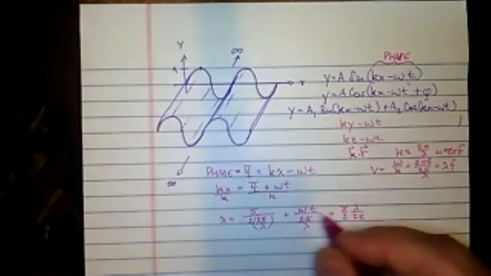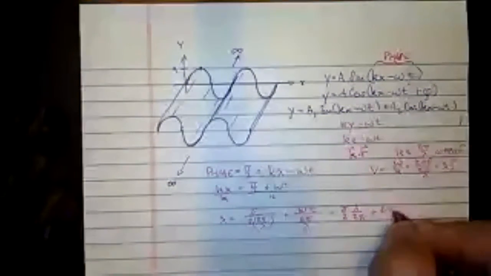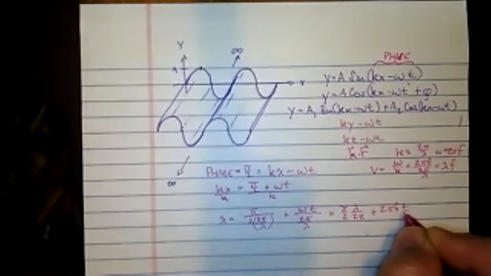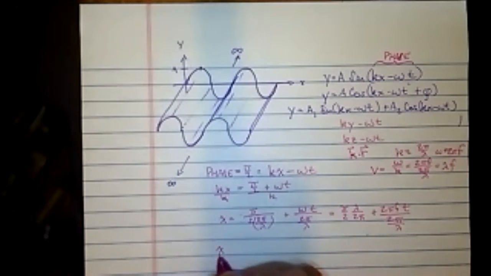Now the other part becomes omega, which I'm going to write as 2 pi f, and then omega times t becomes 2 pi f times t over 2 pi over lambda. I'll go ahead and show the lambda in the bottom, and we'll work with it again in the next line.